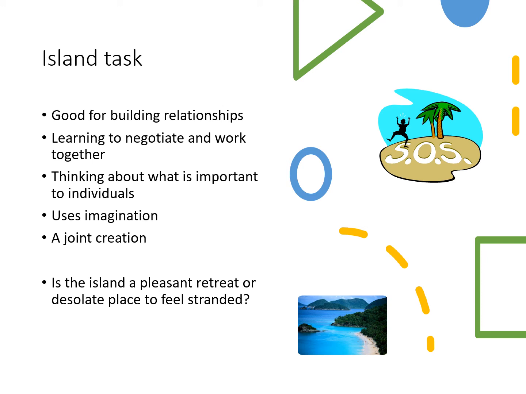We're not all the same, and we need to learn how to respect each other's differences, learning how to negotiate and work together, building those secure and respectful relationships. And then, think about at the end of this process, is this island a pleasant retreat or a desolate place to feel stranded? What is it about? And why wouldn't we make it a pleasant retreat for each other?